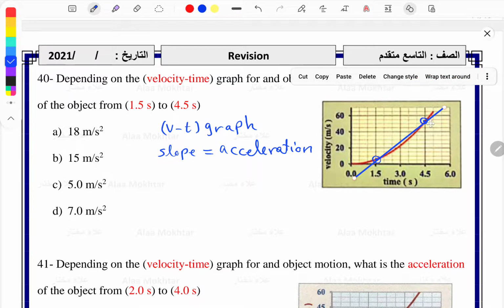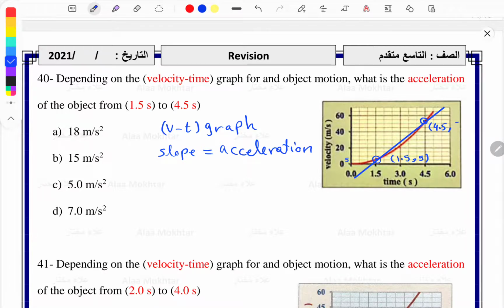Or we can take the coordinates for these two points. This is 1.5 and what? 1.5, and this is 5. What about 4.5? And what at 4.5?